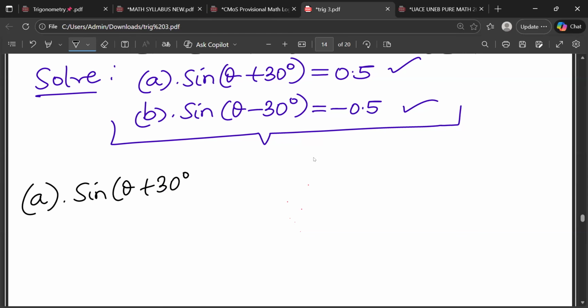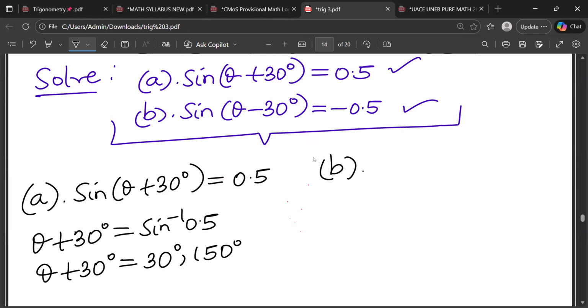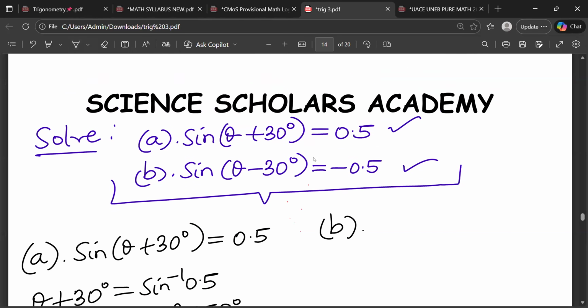You're going to do part B. Let me do part A. So for part A, I will say theta plus 30 degrees is sine inverse of 0.5. Sine inverse of that, we said it will be 30 degrees and 150. So these are the values of theta plus 30.